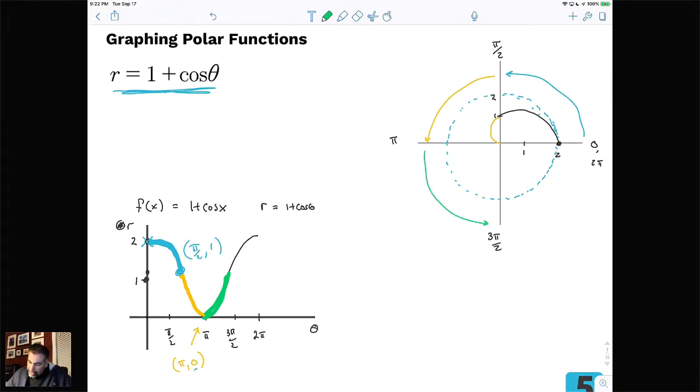It's starting with a value of 0 at pi, but by the time we get to 3 pi over 2, it's now going to have a radius value of 1. So we're going to rotate through this third quadrant, starting with a radius of 0, but it's going to jump back out to 1. And that's going to take me to that value, which looks like, and it is, -1 on the y-axis.